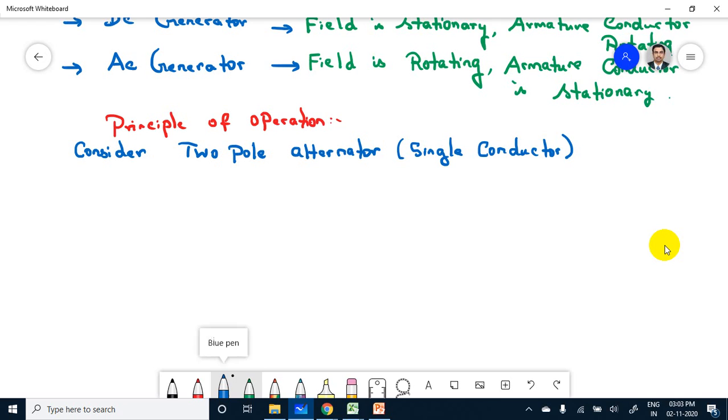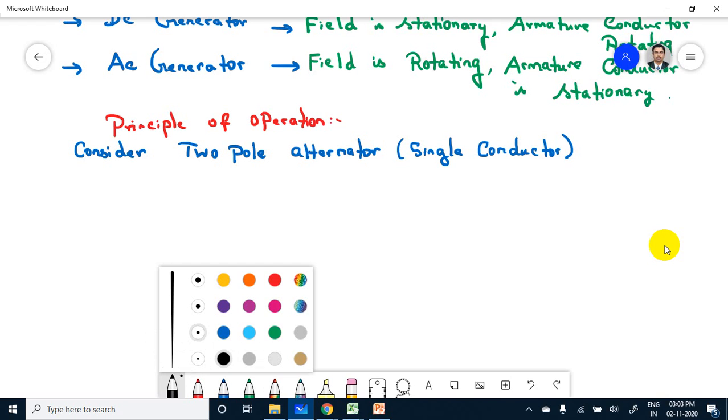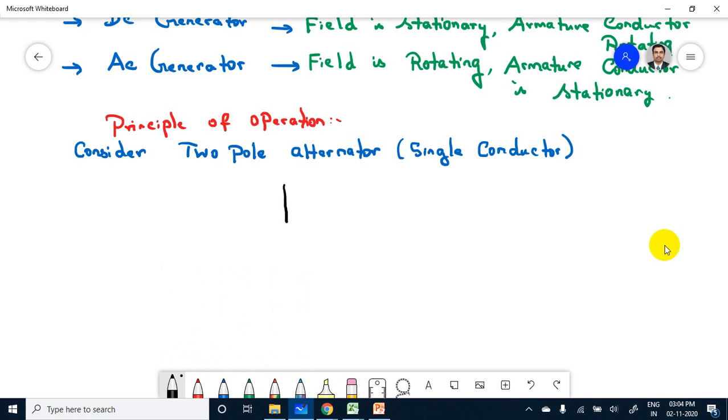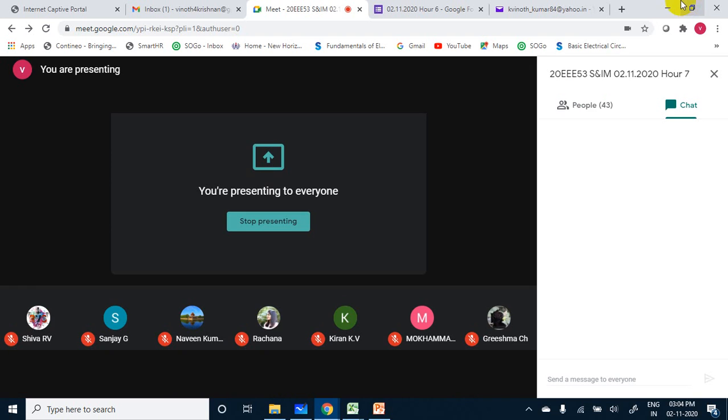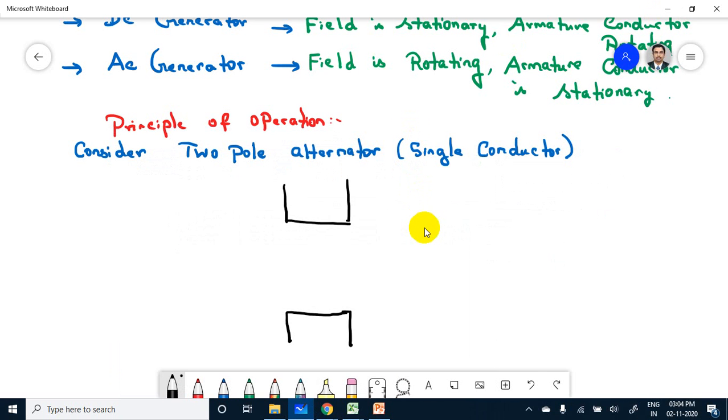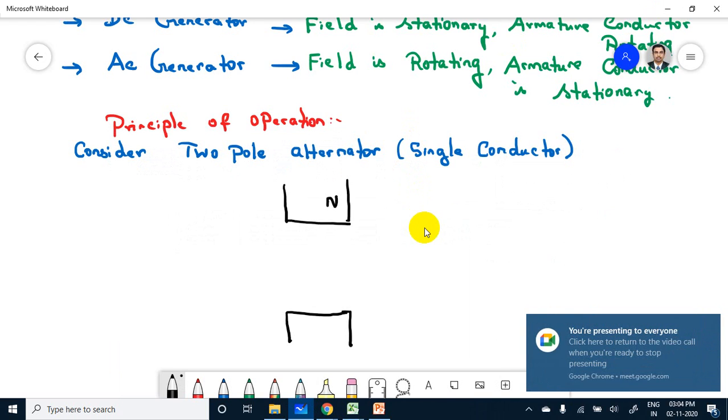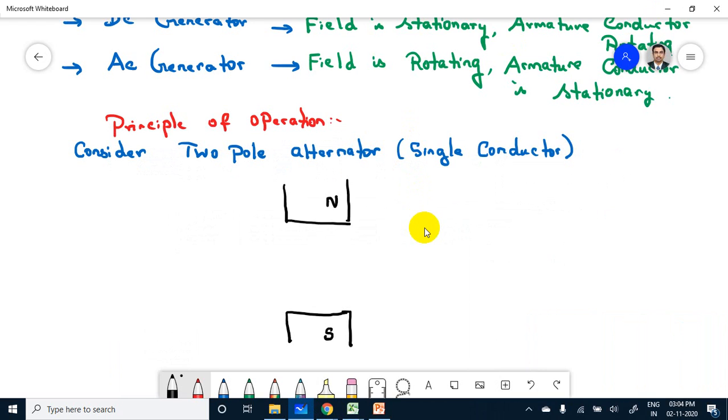So you can see the diagram, the top and bottom view, with the north pole and south pole.